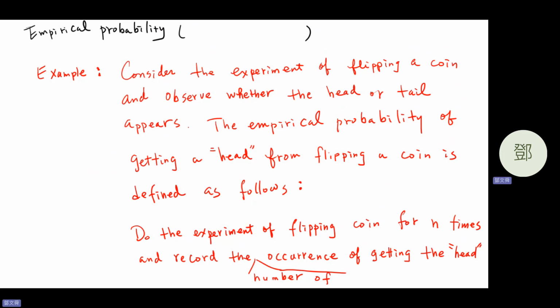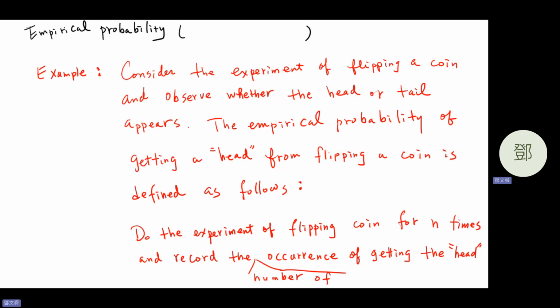The empirical probability of getting a head from flipping a coin is not defined as 1/2 this time. The probability 1/2 is the classical probability, because there are two possible outcomes, the head is one of them, head and tail are the two of them, and they are equally likely to occur.